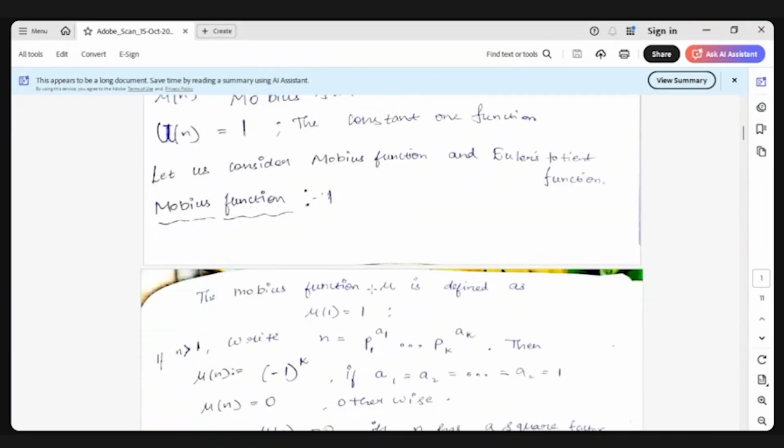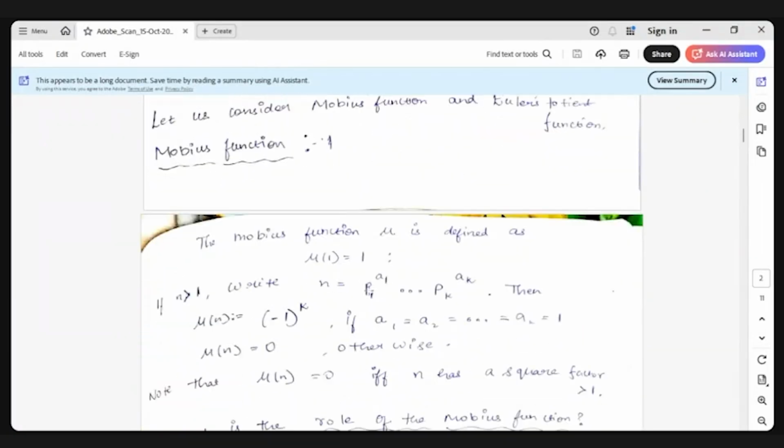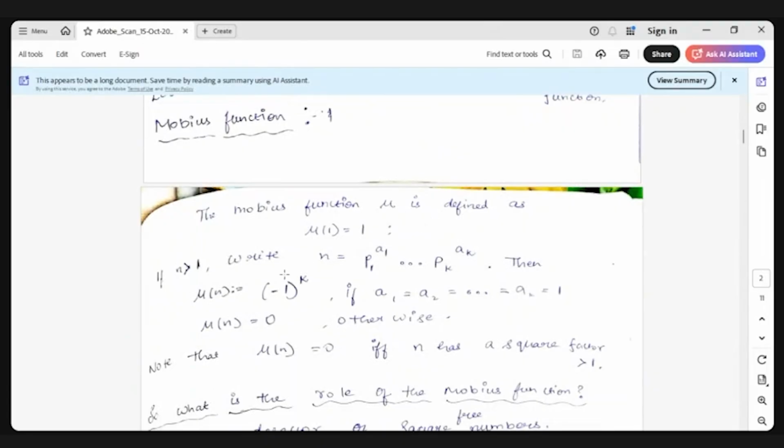What is the Mobius function? It is defined as follows. The Mobius function mu is defined as: mu of 1 is 1. What if n is greater than 1? It can be decomposed into its prime factorization, where we define mu of n equal to minus 1 to the power k if a1 equals a2 equals all the way to ak equals 1.